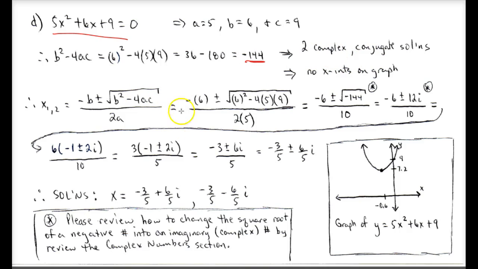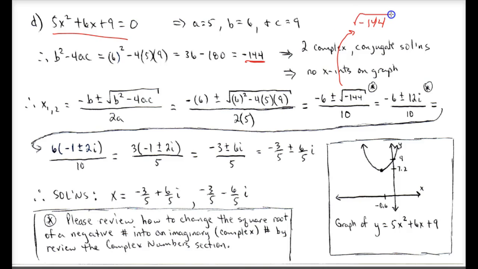So we go ahead and plug everything into the quadratic formula. Once we're here, we get negative 6 plus or minus the square root of negative 144, divided by 10. For this part, I tell you to review how to change the square root by going to complex numbers. I'll show you how we do that here, just in case you forgot.